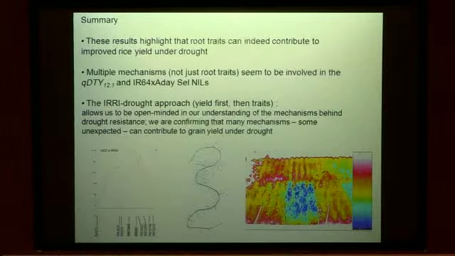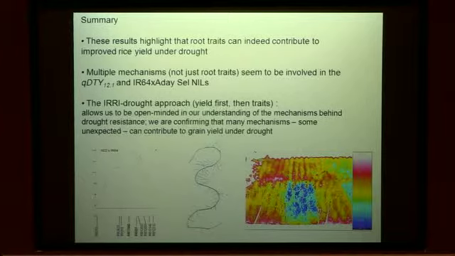So in summary, these results highlight that root traits can indeed contribute to improved rice yield under drought. We're not seeing the same kind of phenotype that was originally hypothesized at IRRI, which was deep and thick roots. I don't want to say that deep and thick roots can't be effective. It's still a possibility, it's just that that's not what we were seeing behind these specific QTLs.